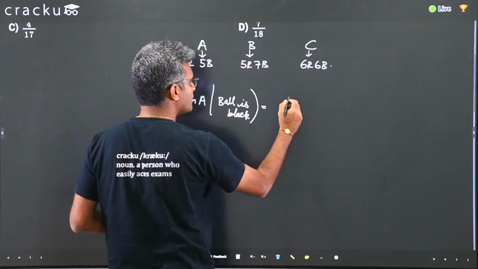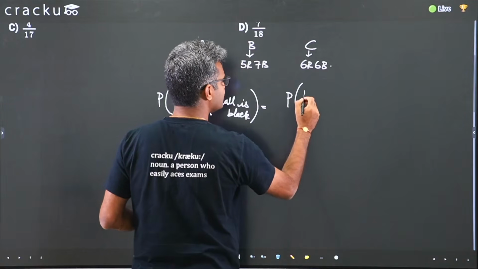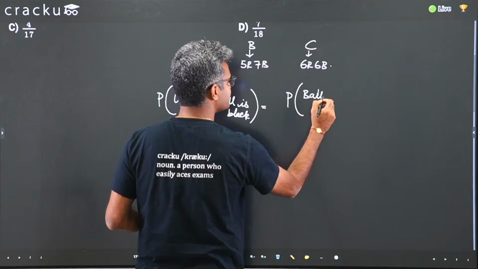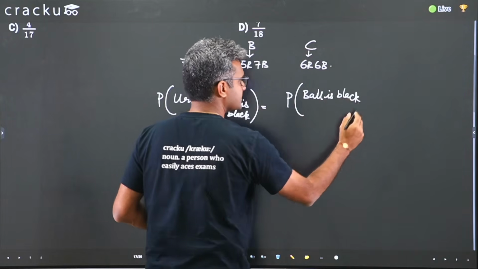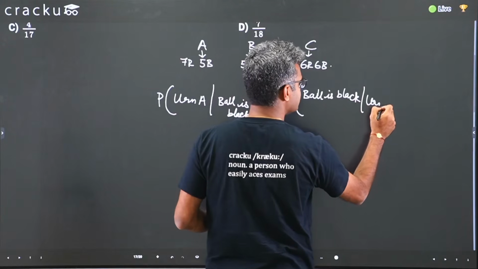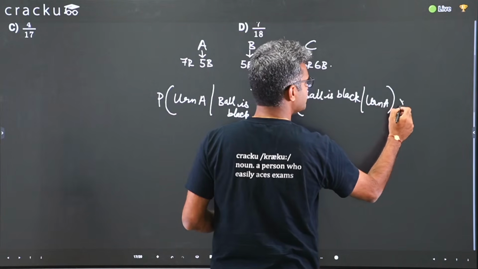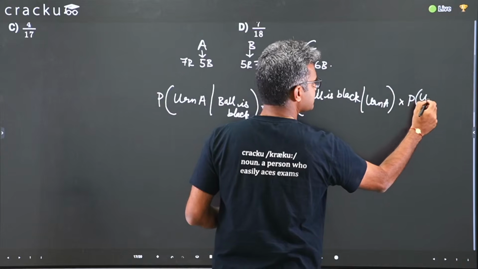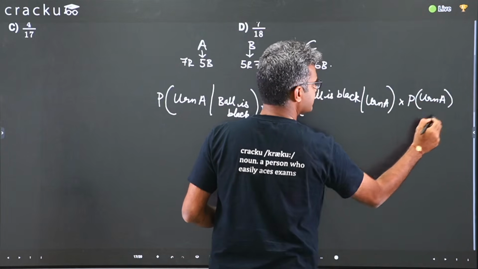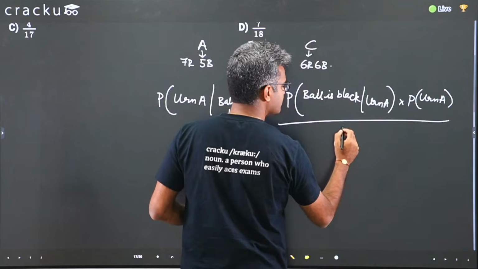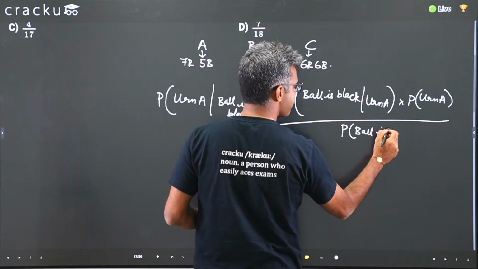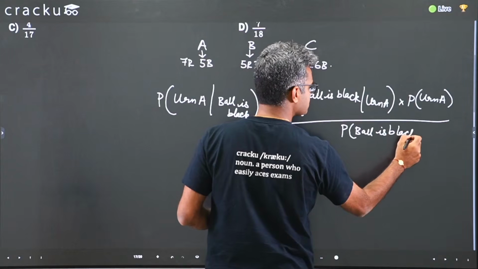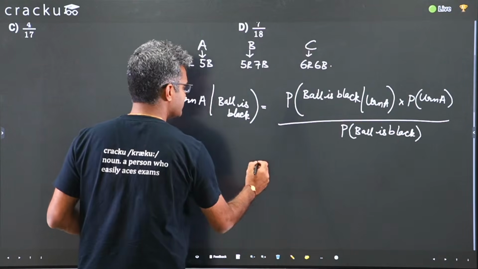This is probability of ball is black given that it is picked from urn A into probability that the urn selected is urn A divided by probability that ball is black. Let us first look at the numerator.